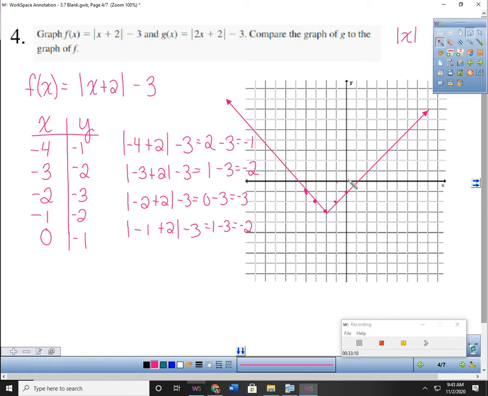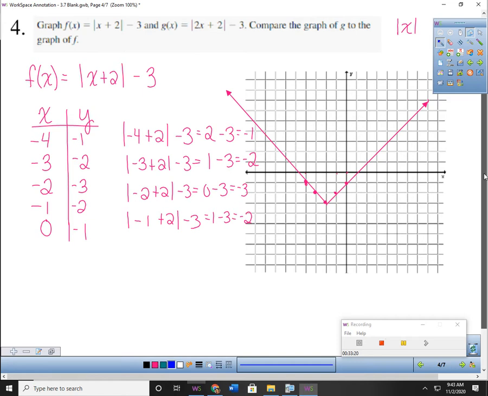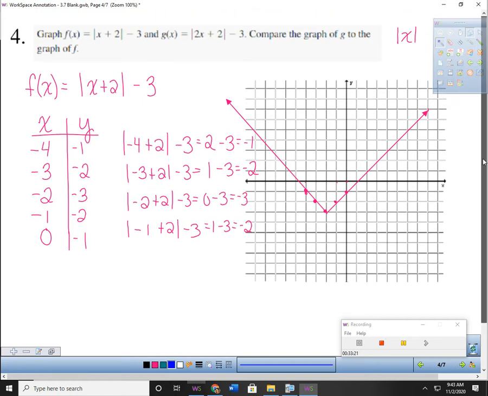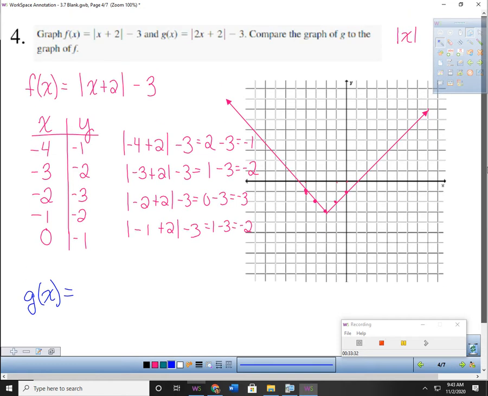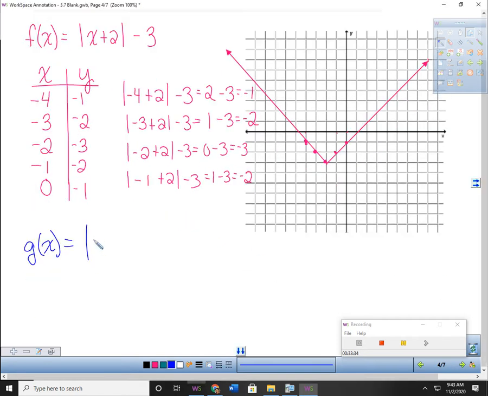Now that we have that on the graph, we're going to look at the second one. So pick another color. I'm going to go with blue. So this is g of x, two x plus 2 minus 3.